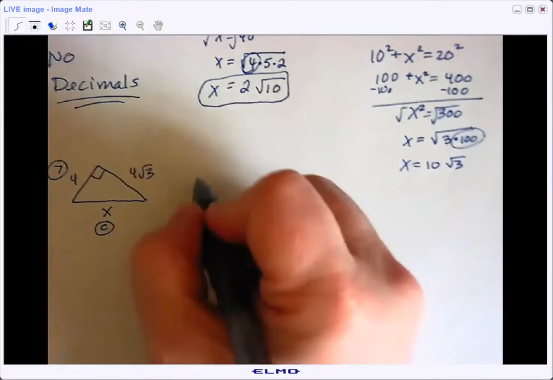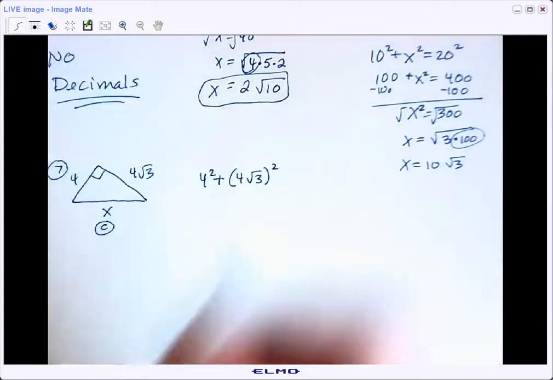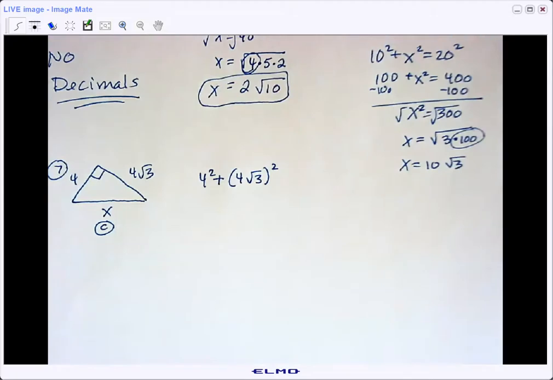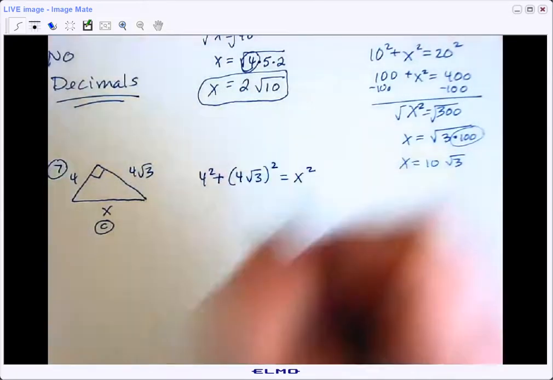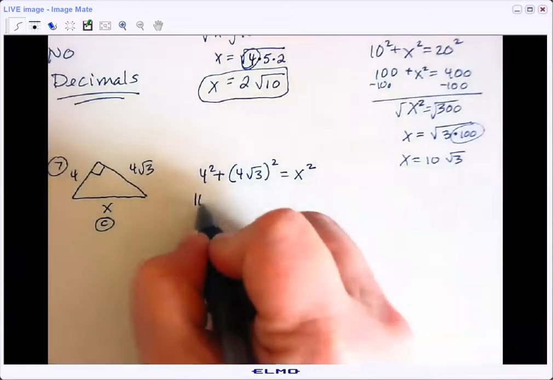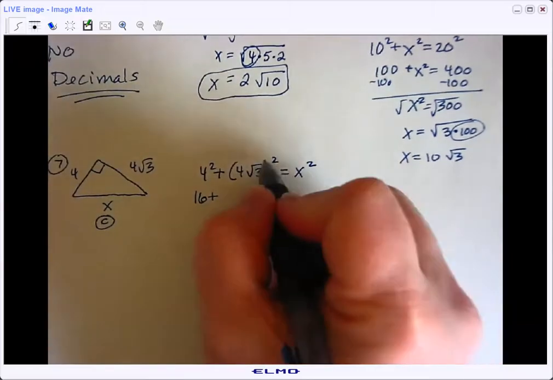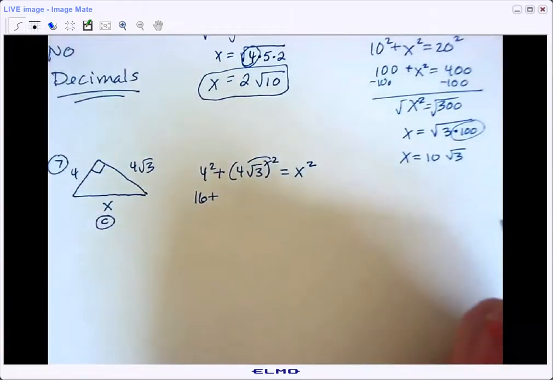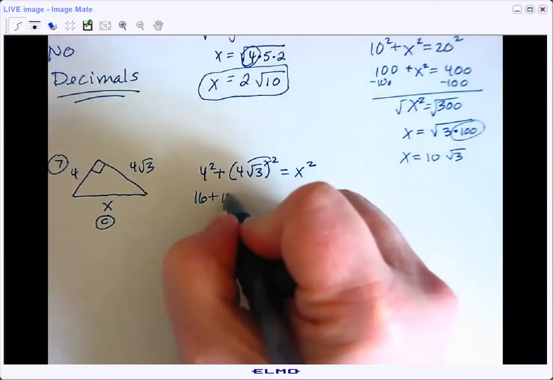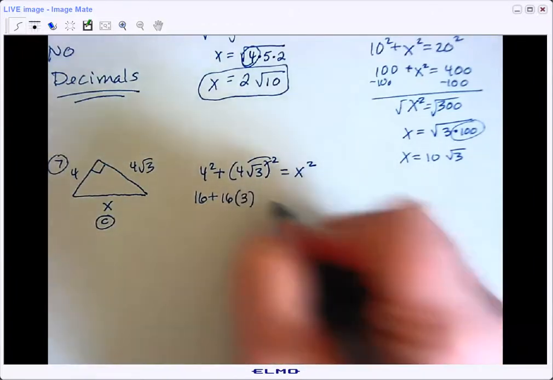So I'm gonna do 4 squared plus, here's the tricky part, 4 root 3 squared is equal to X squared. So 4 squared is 16 plus, remember that our square goes to both of these. So 4 squared is 16 and root 3 squared is just 3.